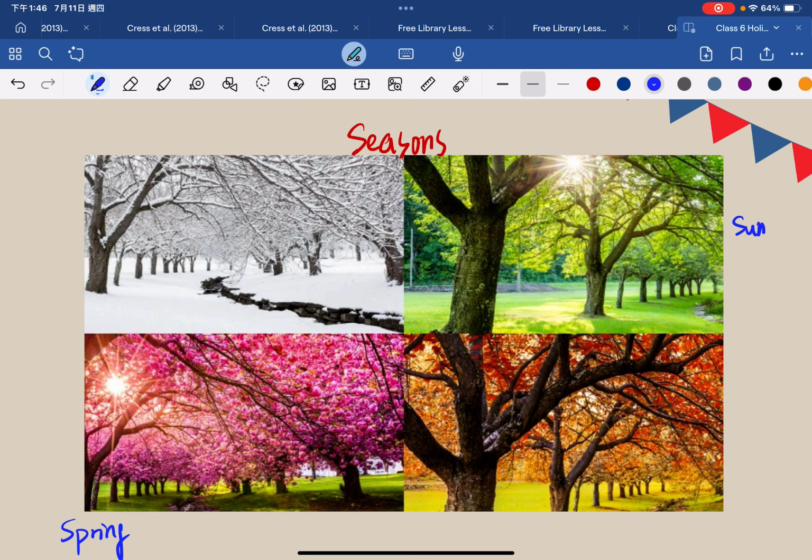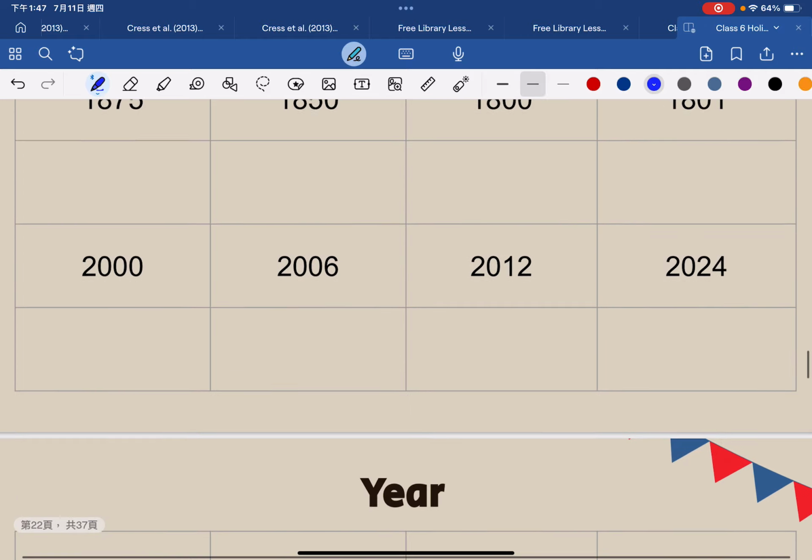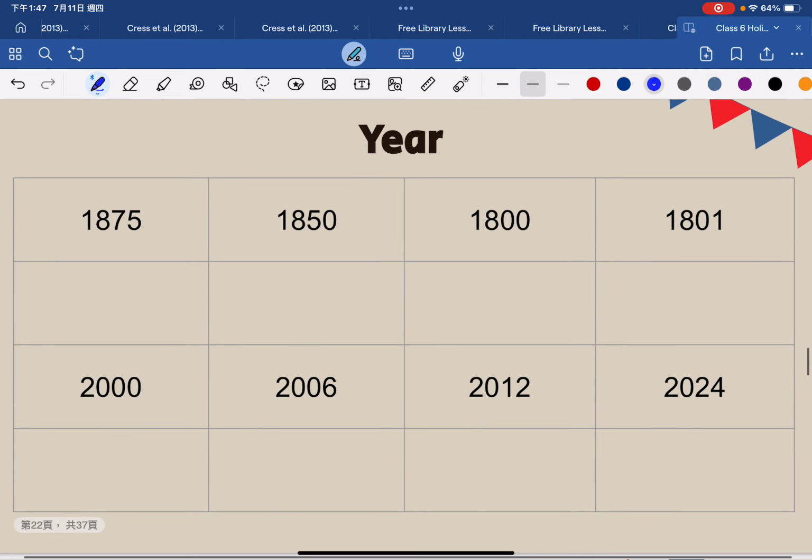Then we have autumn, or more commonly, you will hear fall in the States. And we have winter. That's right. Then let's move on. We have day, we have months, and we go to year.